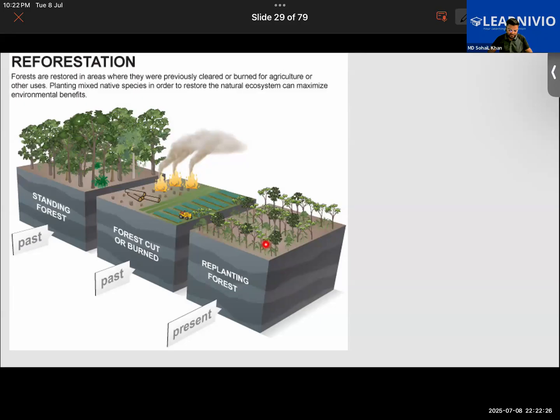Because if you plant only one type of tree in a given area, that will also harm the ecosystem, because diversity is important in a forest. Getting it now? Diversity is important. As you can see here, different types of trees have been planted.